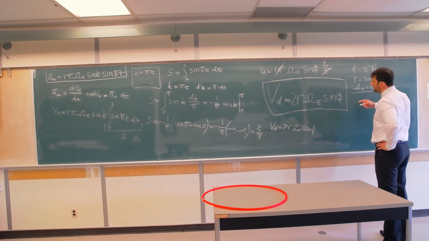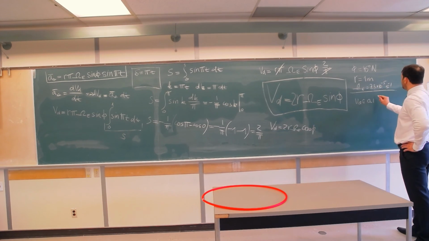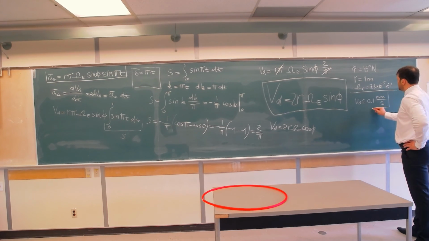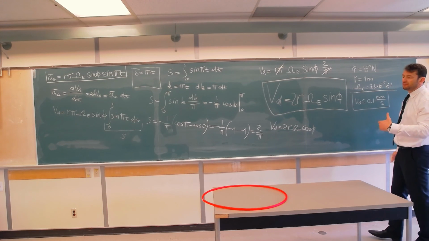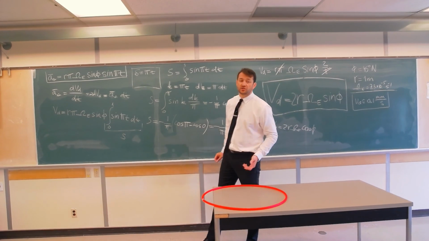Then if you plug in these over here, you would get that the drift velocity is approximately 0.1 millimeters per second.